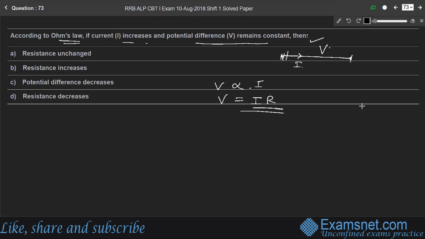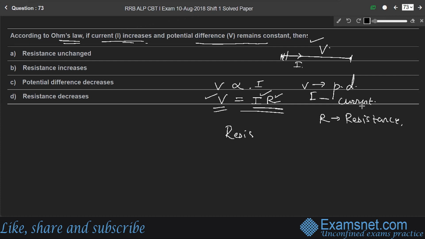In the question it is given that if current I increases and potential difference V remains constant, where V is potential difference, I is current, and R is the resistance of the conductor, then obviously the resistance of the conductor decreases.